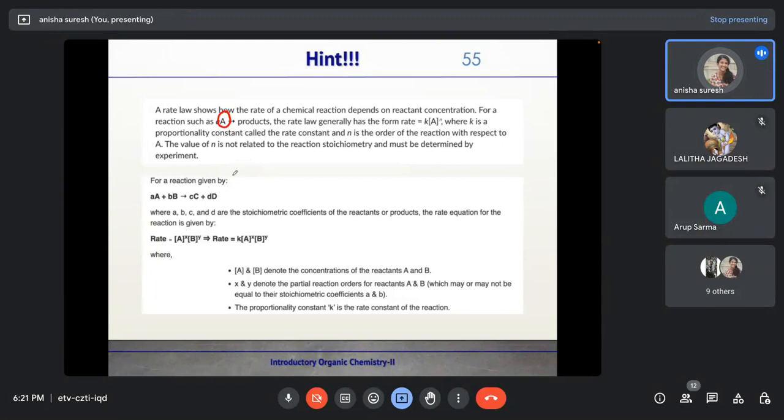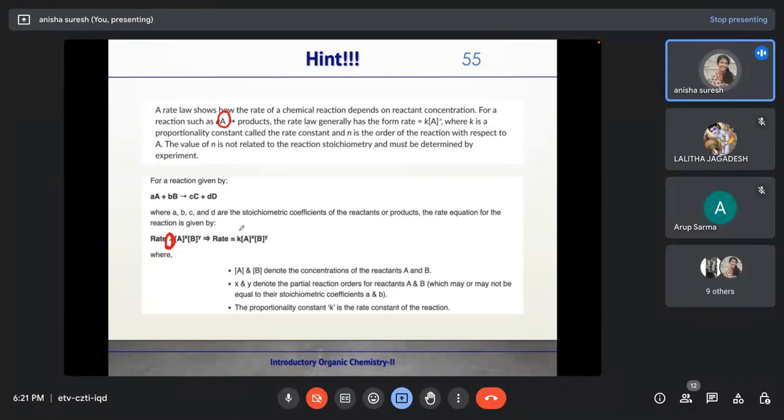So for a reaction given by aA plus bB gives cC plus dD, where a, b, c and d are the stoichiometric coefficients of the reactants and products, the rate equation for the reaction is given by rate proportional to the concentration of A to the power x and the concentration of B to the power y.